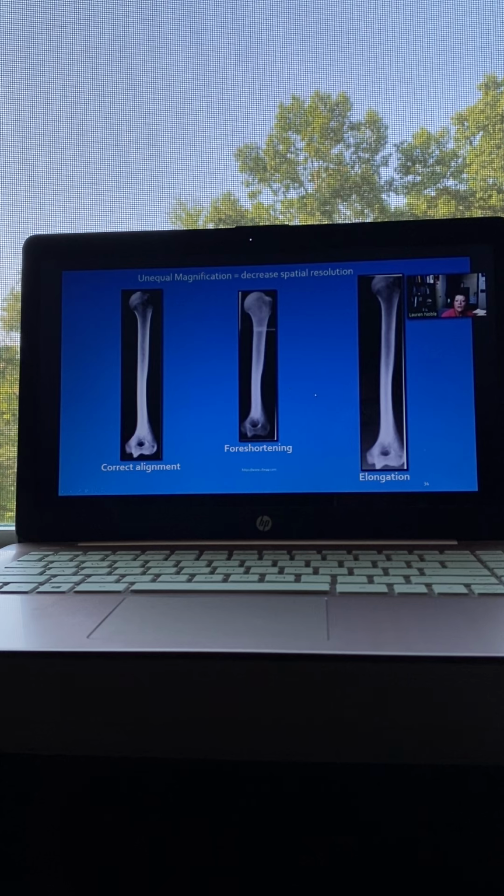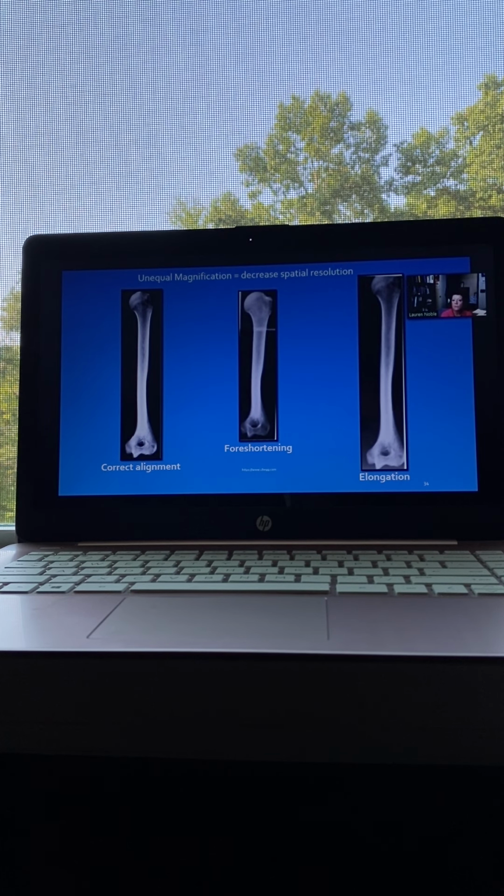Okay. So what two types of distortion can occur? Size and shape. Size means it's magnified. Shape means the part is either going to look long or it's going to look short. I'm not going to have you recognize the names foreshortening and elongation, even though that's pretty easy.